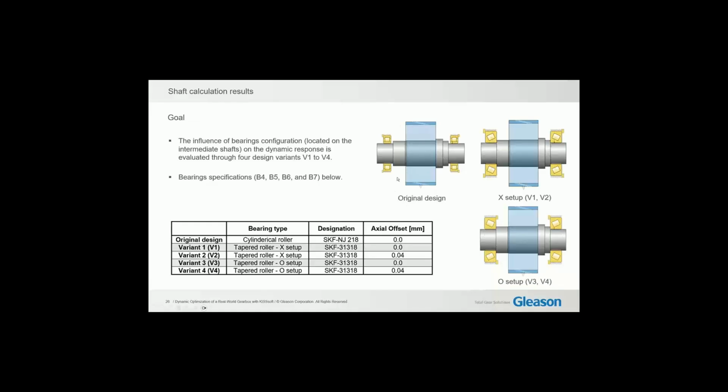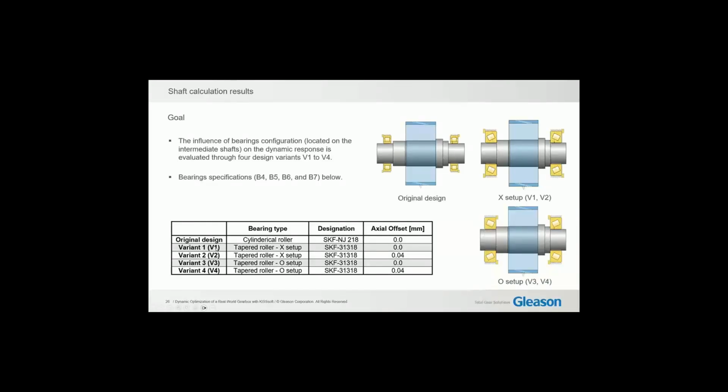As you see here, for example, the original model contains the cylindrical roller bearings of type SKF, and the axial offset is 0. On the other hand, when we consider other configurations, variant 1 and variant 2 from the table, it is clear that we consider taper roller bearing setup.